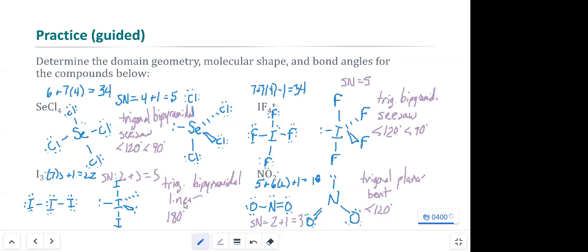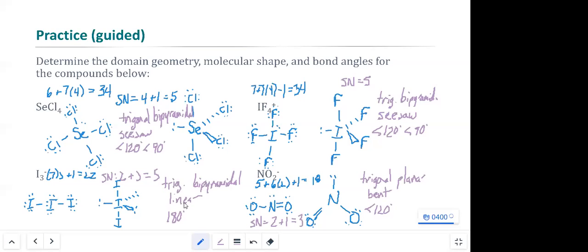Is there a component in this that is asymmetrical? Or can I look at each of these 5 positions and see the exact same thing in all 5 places? It's asymmetrical, right? This lone pair on the selenium is creating that asymmetrical piece that is going to make this polar.